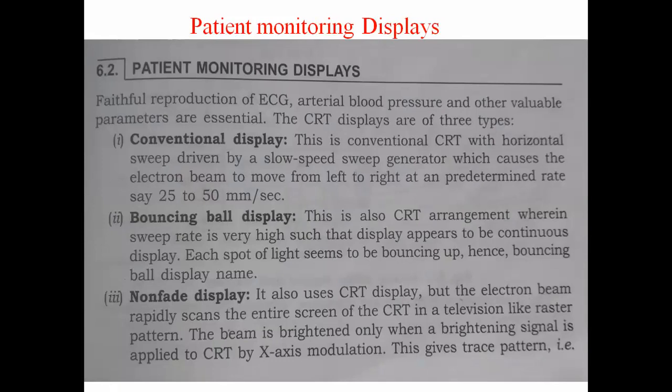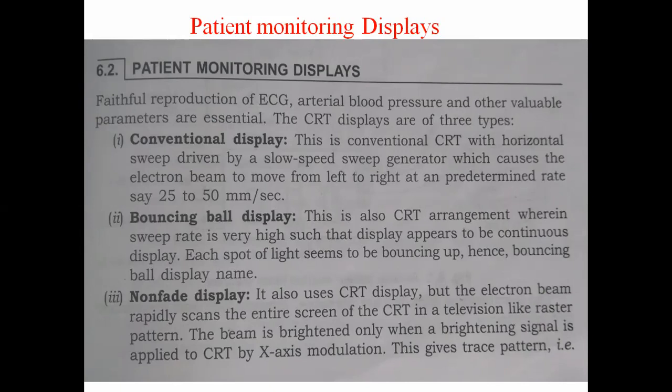Suppose we have an ECG waveform, that ECG waveform will be displayed on the display. Also arterial blood pressure and other variables. Suppose you consider an EEG, electroencephalogram, it is the output collected from the brain. Like that, very important waveforms you can obtain.